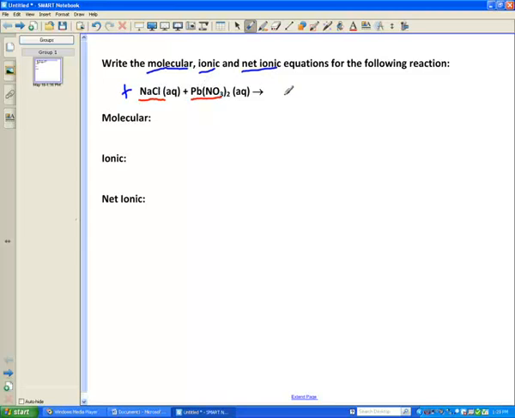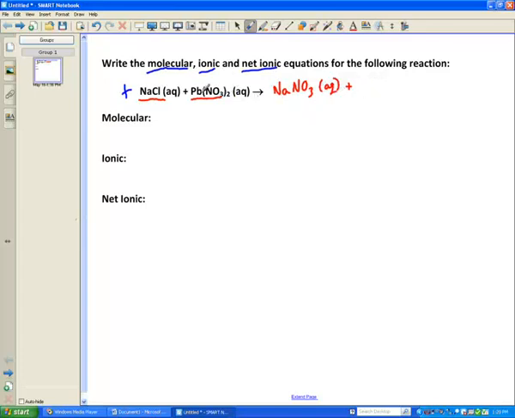So like I said, first what we need to do is just to make sure that we write the equation out. So we know that one of our products is going to be sodium nitrate, NaNO3, and according to our solubility rules, again, that is soluble. You're going to find that in reactions like this, and in questions like this, there may be one or possibly two products that are insoluble.